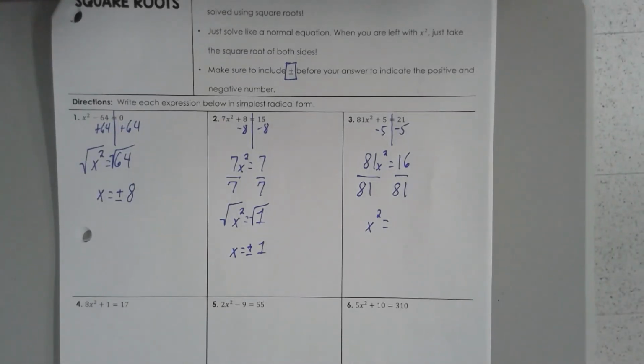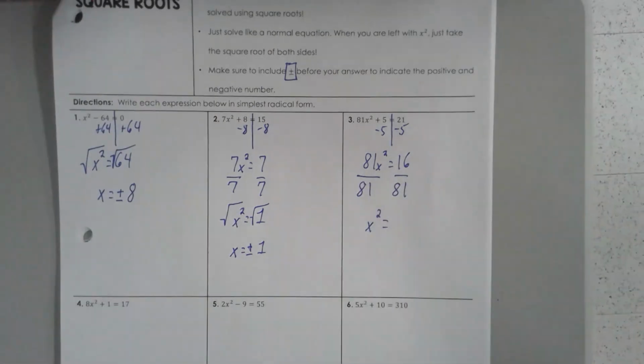No, you shouldn't. You could do that. It's going to make your life a whole lot harder. 16 and 81, what's special about those two numbers? They're both perfect squares. If you look back to the very first example we did on the other side, number 1, you'll see is a very similar situation to this one.